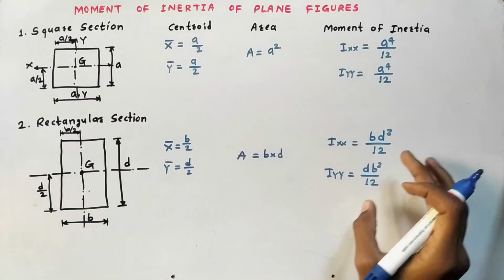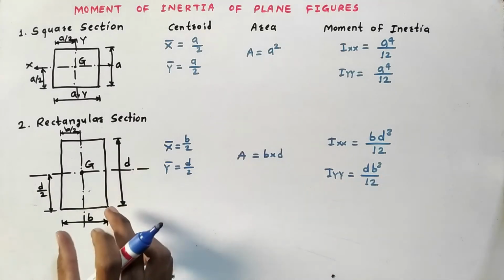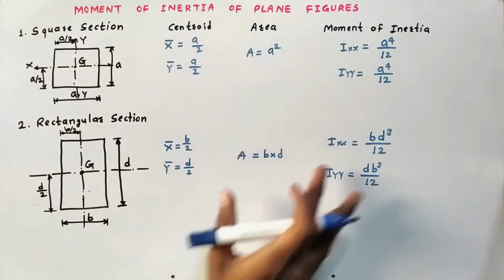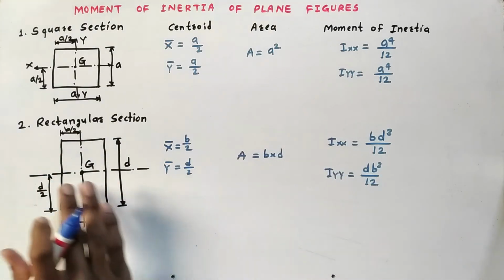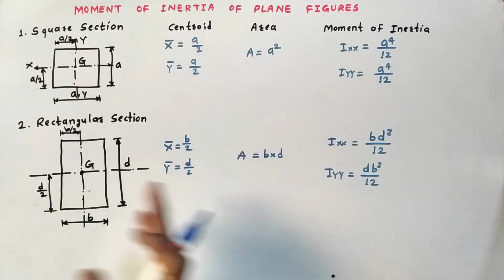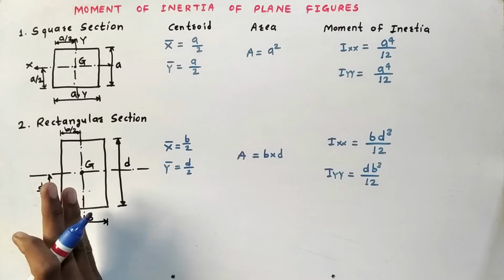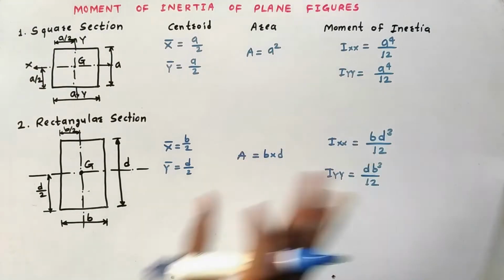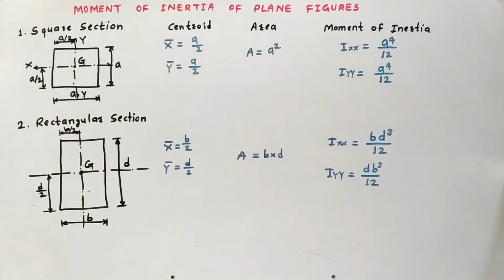So these are the moment of inertia of rectangular section about centroidal axes. Ixx means moment of inertia about the centroidal x-axis, Iyy means moment of inertia about the centroidal y-axis. This is for square section, this is for rectangular section.